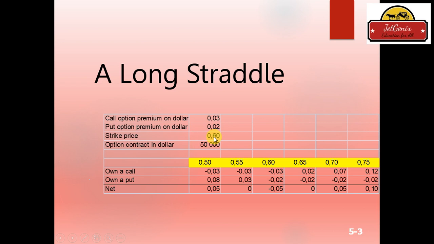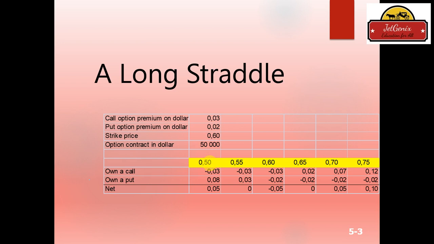So you enter into the call and put positions. The call premium and the put premium are different, but the exercise price, if you can see here, remains the same. So now let's say that the spot price came to 0.5.